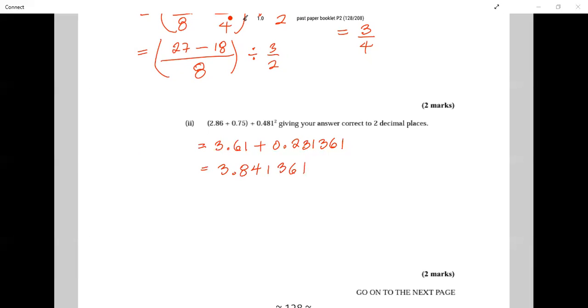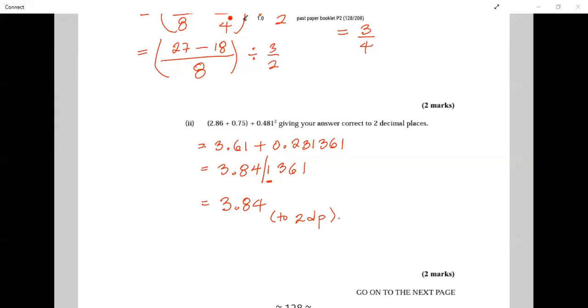And we're to write the answer correct to 2 decimal places. I'd have to consider the third decimal place, which is a 1. Since it's less than 5, I'm going to drop it and every digit after it. So my answer would be 3.84 to 2 decimal places.